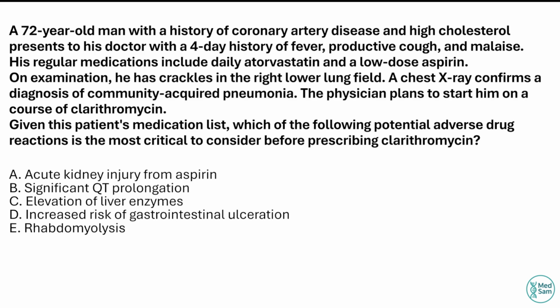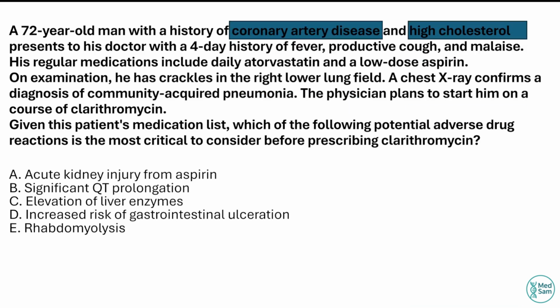A 72-year-old man with a history of two significant and important criteria. Now we have here coronary artery disease and high cholesterol. Especially, coronary artery disease is caused by high cholesterol. So what is the rate limiting step in cholesterol synthesis? It's the HMG-CoA reductase enzyme. If we could stop this enzyme, we would significantly decrease the cholesterol synthesis, treating coronary artery disease.